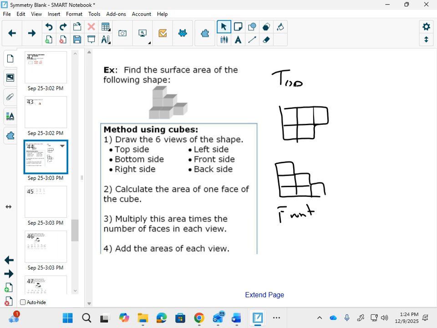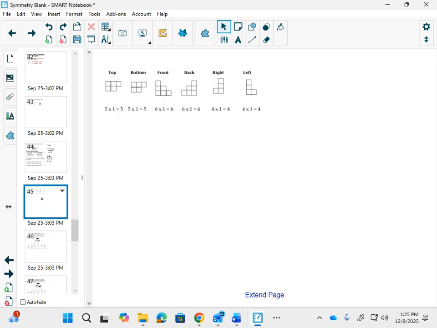You see that it makes like the letter L. And the right side is like a backwards letter L. In your notes, I have them all drawn out. Do you think you could have drawn them on your own? On a test, if you want to build the shape to look at it, you could. Okay?